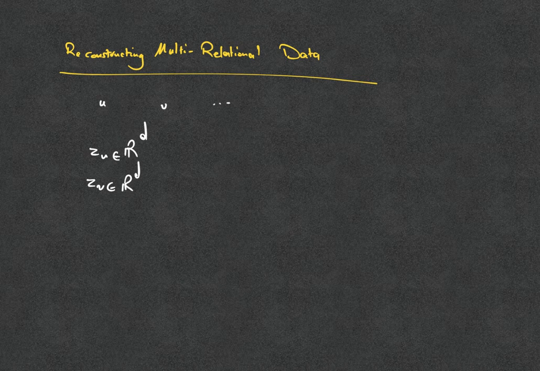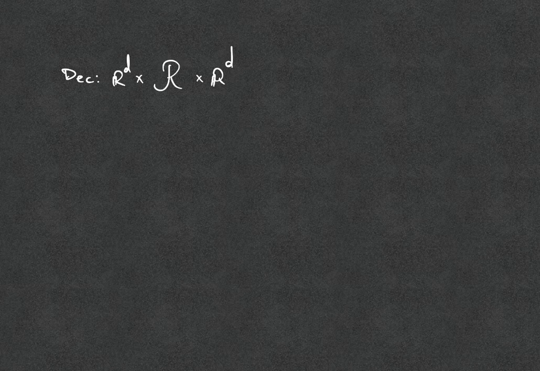Note that now the difference is that we have multiple types of edges. So when we are discussing the decoder function, in its domain you obviously need to have the representations for two nodes, but you also have the space of relationships between them. And this is going to be used in order to map this to a value.